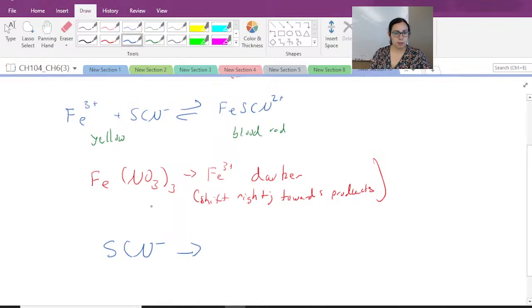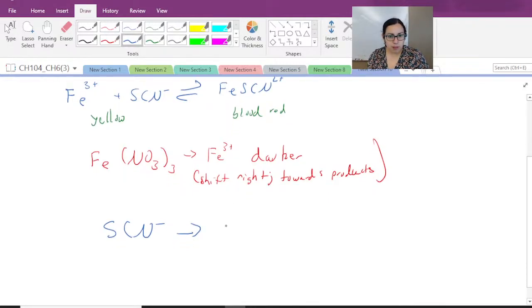If it's at equilibrium and you add reactants, which way does that shift? To the right. Hopefully you saw that. It should have been darker. Exactly, so we expect it to shift to the right. It's going to make more products.